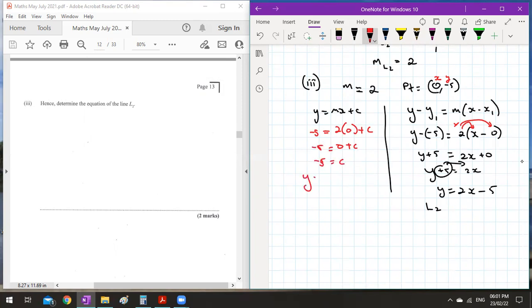And then we write it back, y equals mx plus c, where m is 2, and c in this case is -5, so it's the same thing. Right, now this formula is the easier formula to learn. This y value comes from here, this x value comes from here for the point, right?